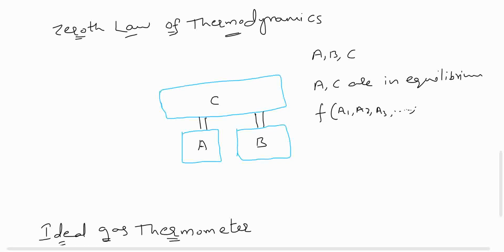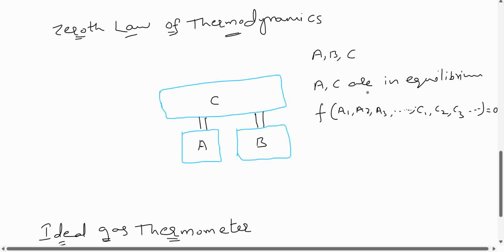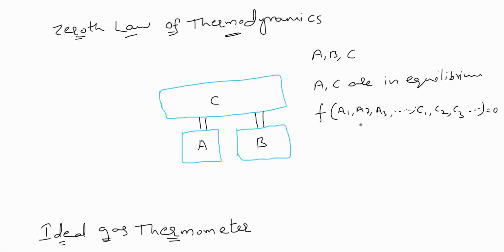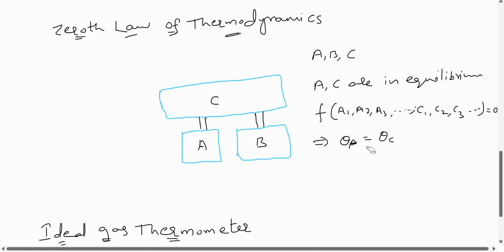Similarly, we have C1, C2, C3, and so on, and this function equals 0. Because A and C are in equilibrium, we can write a function like that. Basically, this will reduce to theta A equal to theta C. In fact, theta A and theta C are functions of their state variables.